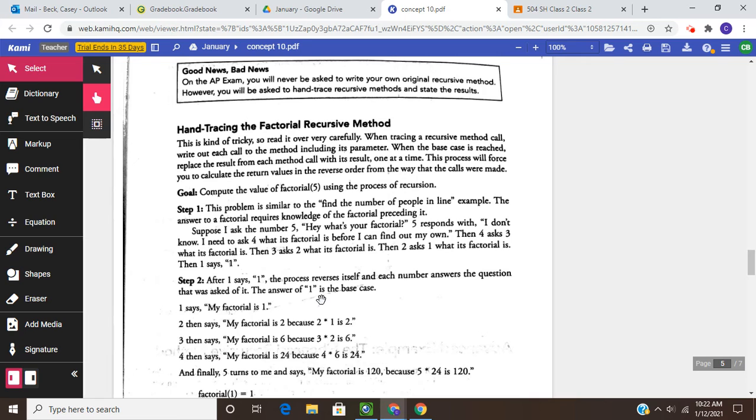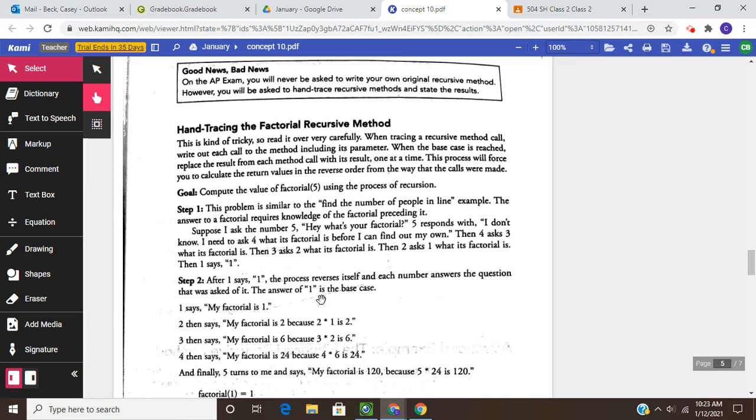Good and bad news. On the AP exam, you will never be asked to write your own original recursive method. However, you will be asked to hand trace recursive methods and state the results. So how does this hand tracing of the factorial method look? This is kind of tricky, so read it over carefully. When tracing a recursive method call, write out each call to the method, including its parameter.